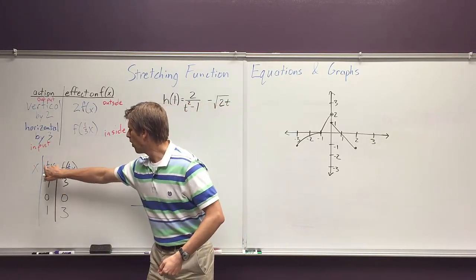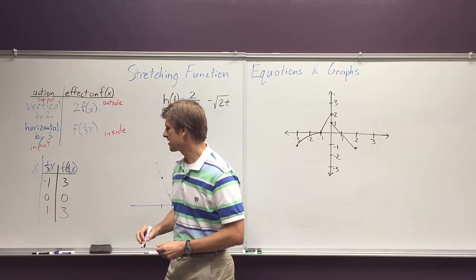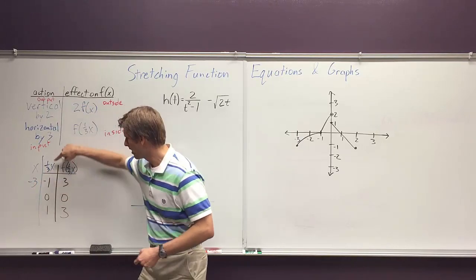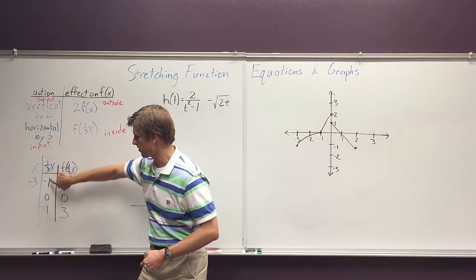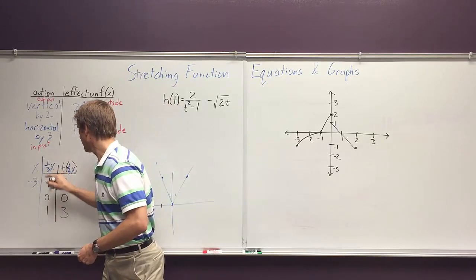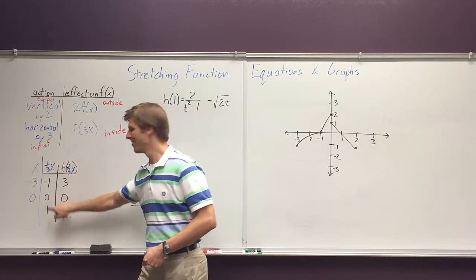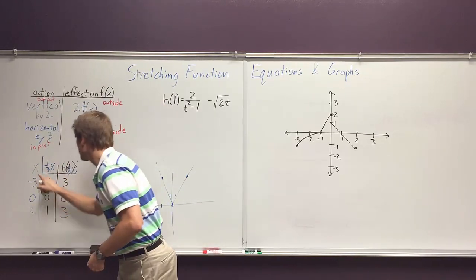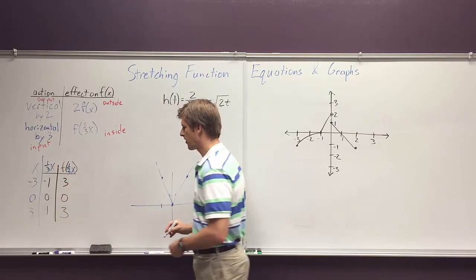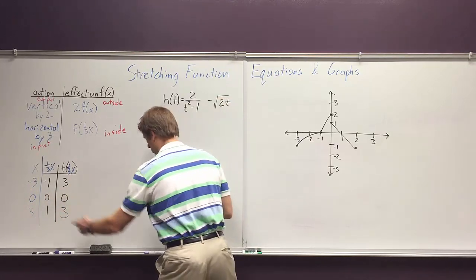Well, if 1/3 x is -1, I guess x had to be -3. Let's double check. 1/3 times -3 is in fact -1. How do you get 0 here? Well, if x is 0, 1/3 of x is also 0. And if x is 3, then 1/3 of x is 1. Okay, so these are the ordered pairs that come out by this horizontal stretch.